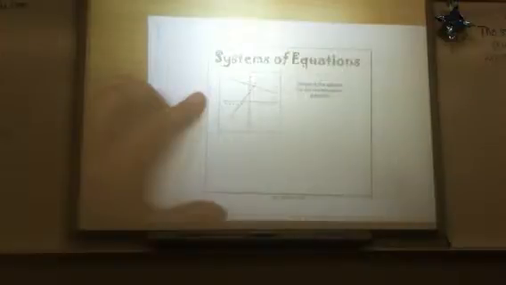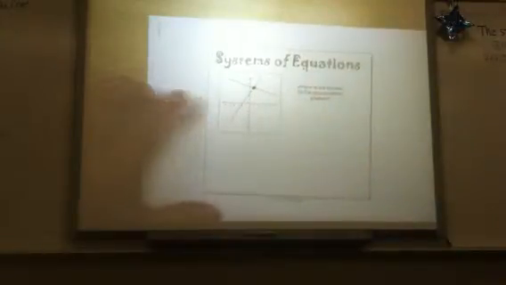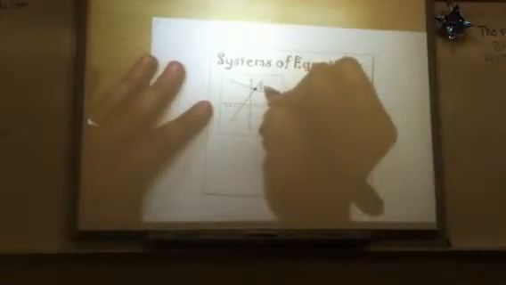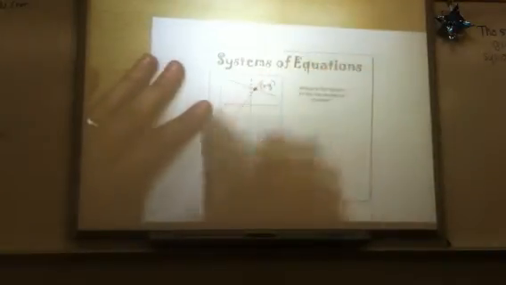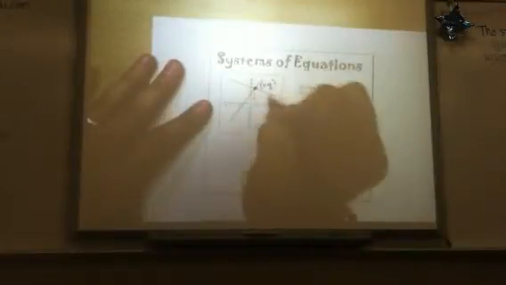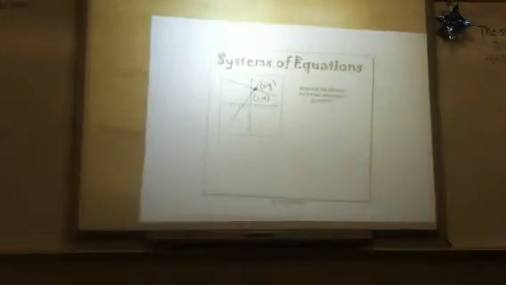The x and y of where? Intersection. Good. We're looking for the x and y of the intersection. So this system of two equations, the solution would be 1, 4. That's the x and y value where they intersect. That's their solution.